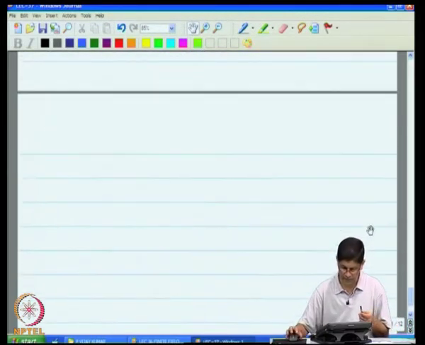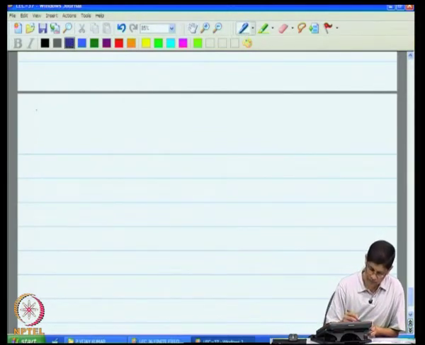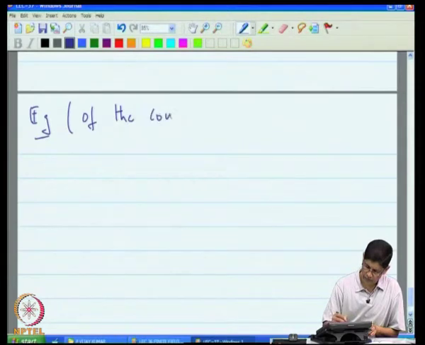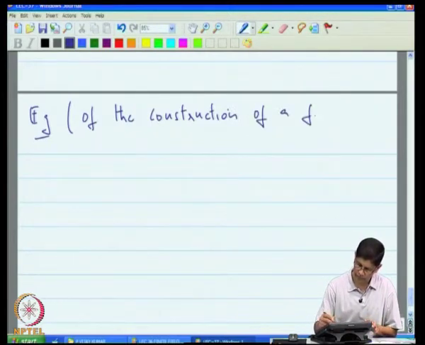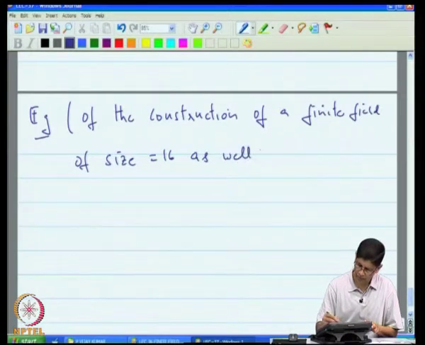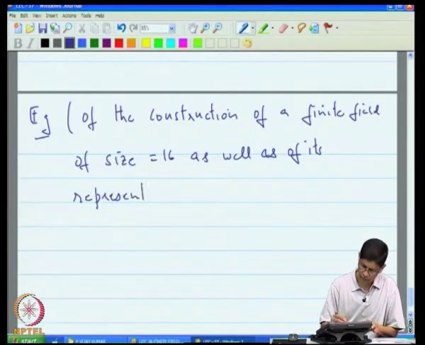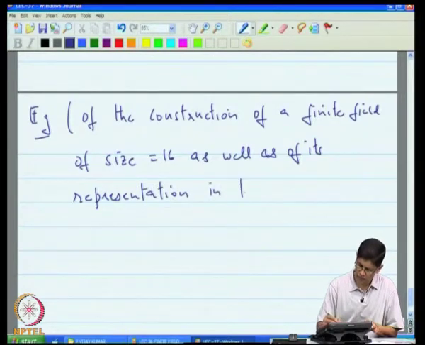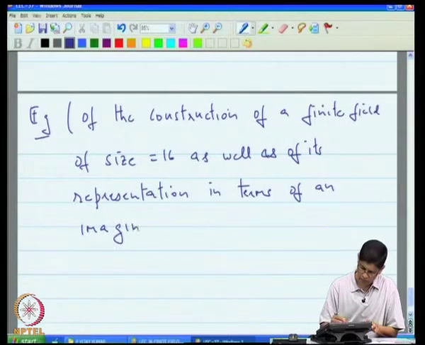So what we'll do, and I'll illustrate this in an example, is the construction of a finite field of size equal to 16 as well as its representation in terms of an imaginary element alpha.